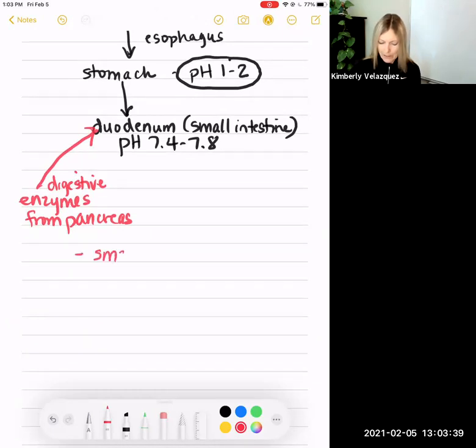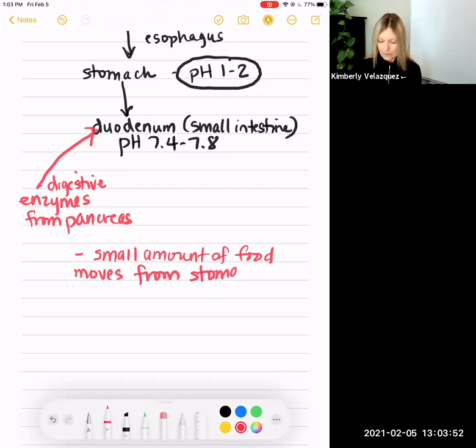So here's what's going to happen. A small amount of food moves from the stomach into the small intestine, which I'm going to now abbreviate SI, so we don't have to write out small intestine throughout this entire story.